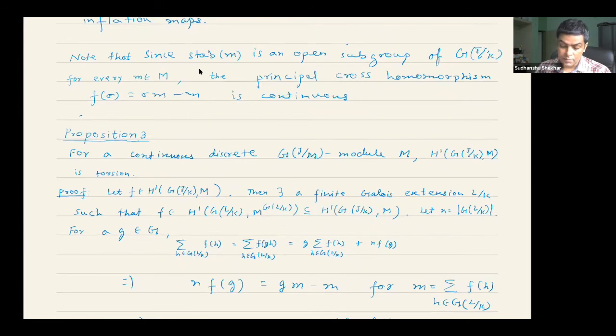Here is a proposition which says that if you have a discrete module over the Galois group of J comma K, then H1 of the Galois group of J comma K, comma M, is actually a torsion group.